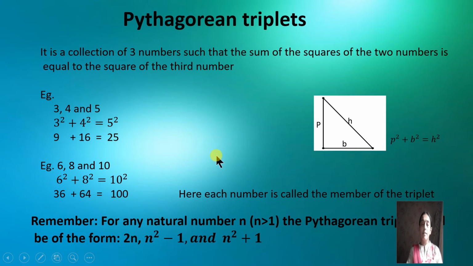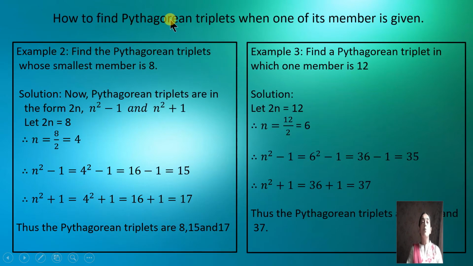Let's see how to find the Pythagorean triplets when one of its members is known. So, we'll take one example, and this is example 2 of your textbook. Find the Pythagorean triplets whose smallest member is 8. Now, here the smallest member means 2n is the smallest.